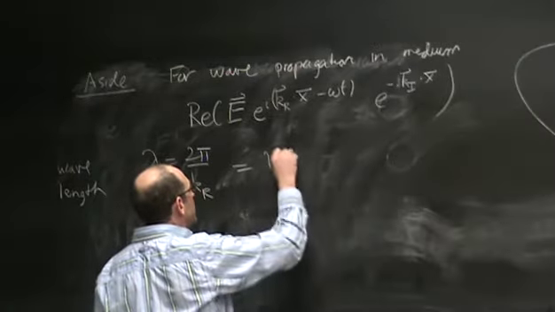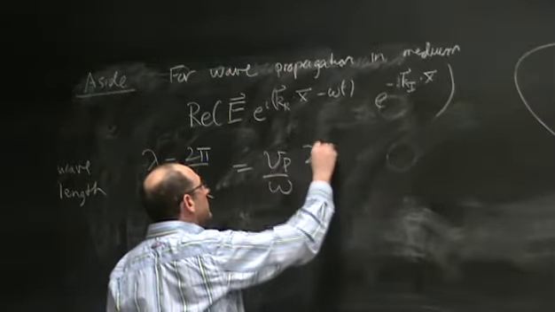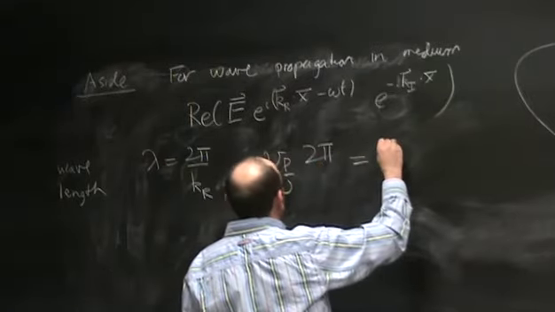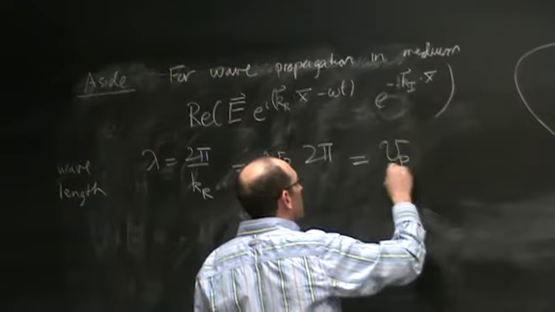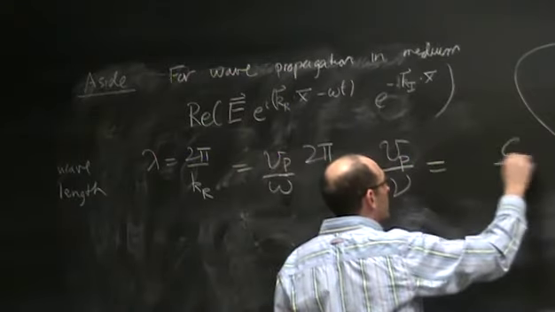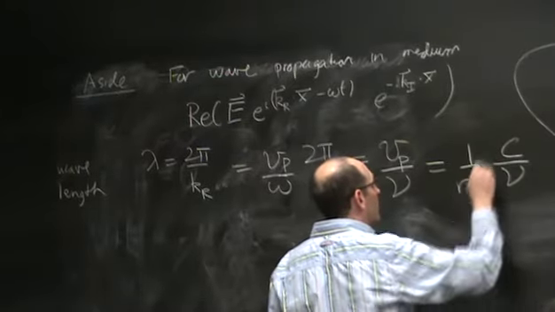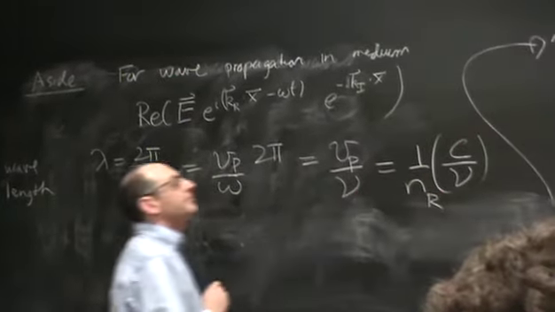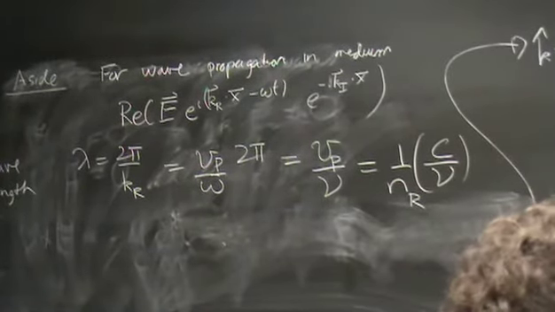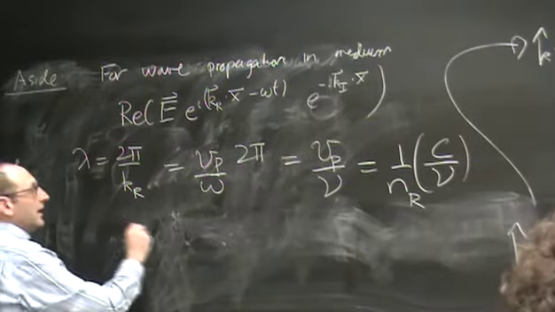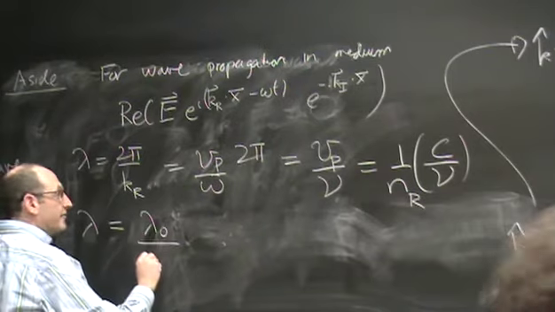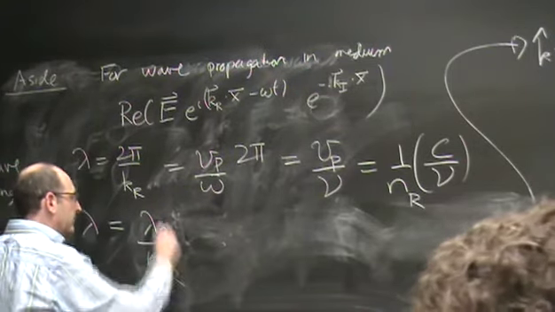So that was right. 2 pi times the phase velocity over omega, which is the phase velocity over nu, which is c over nu times 1 over the index of refraction, the real part. So the wavelength inside the medium is related to the wavelength in vacuum by the index of refraction.